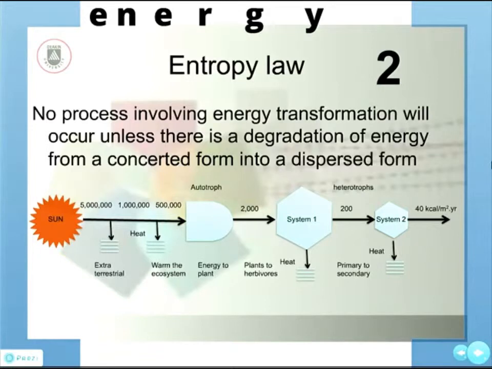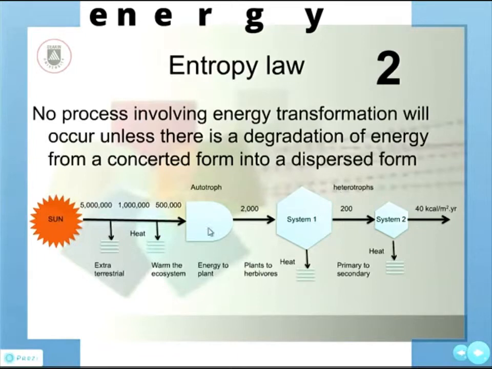Where does all this energy go? It goes into ultra-terrestrial, so most of it is outside. But even when it comes to warm our ecosystem, our Earth, we still receive something around 1 million kilocalorie per year. And then it goes into the autotroph. And this is the interesting thing, the difference between the autotroph and the heterotroph.